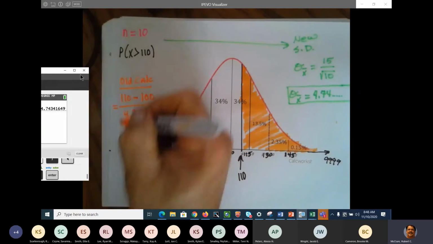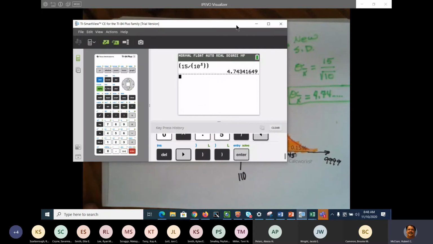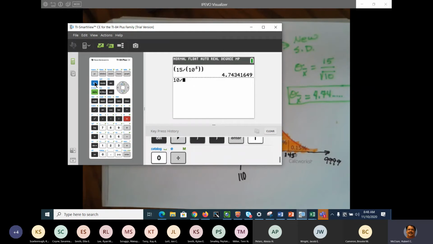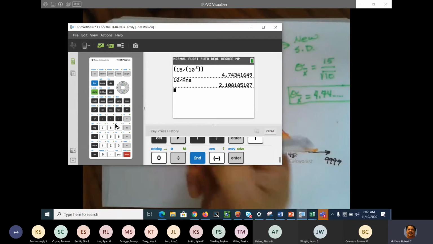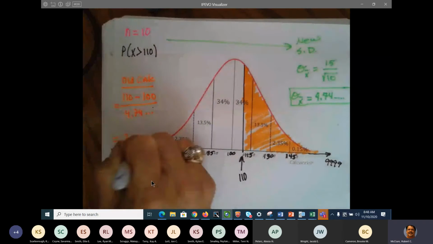So that's going to be your new z-score. 110 minus 100 is 10, divided by the second answer, 4.743, and we know it's going to be 2 point something. 2.11. Why'd you round it off, Hubert? Because I told you at the beginning of chapter 7 that z-scores were rounded to 2 places. So that's your new z-score.